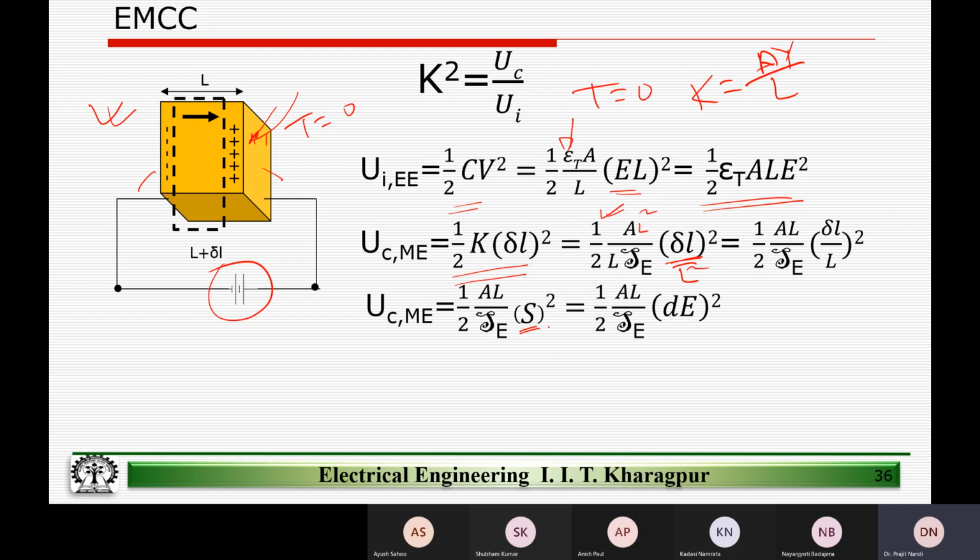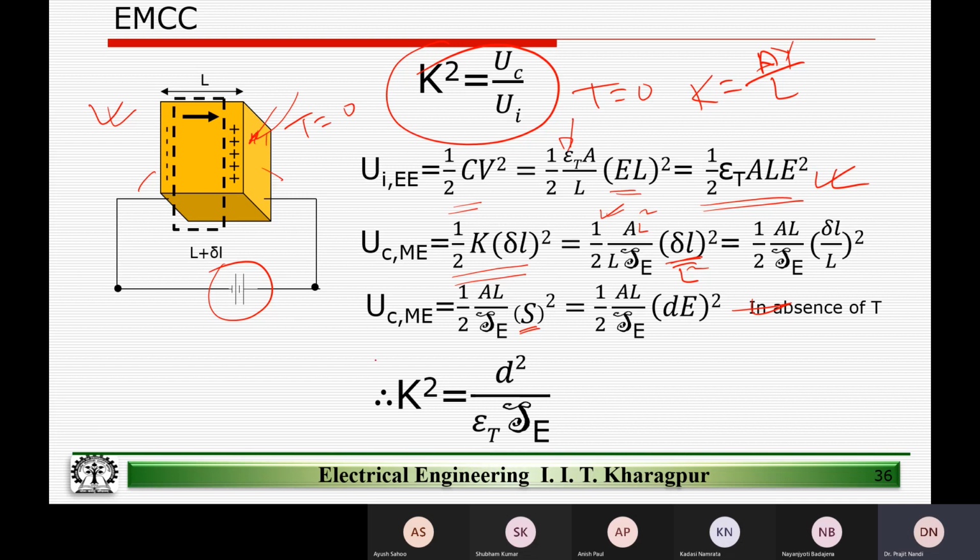And strain, because it's a piezoelectric material, we know S will be given by d times E, where d again is a piezoelectric coefficient, right? So now with this and this, if we go back and put the values here, we can see that k square is proportional to d square divided by epsilon T. And another very important thing, we'll see in the next few slides too: any equation that we derive, we must try to intuitively check whether what we are saying makes sense or not, right?